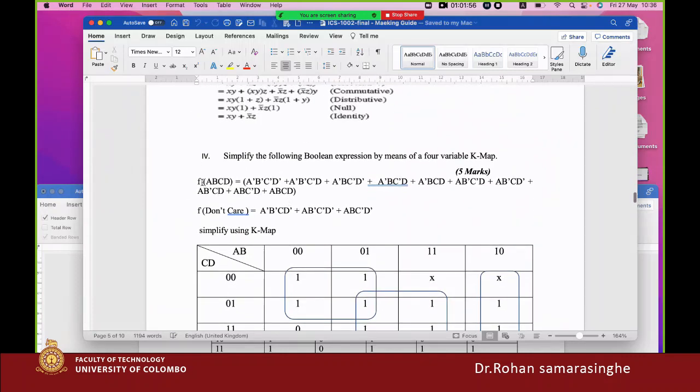Then you can get the function from that like this, and the don't care condition is also given.